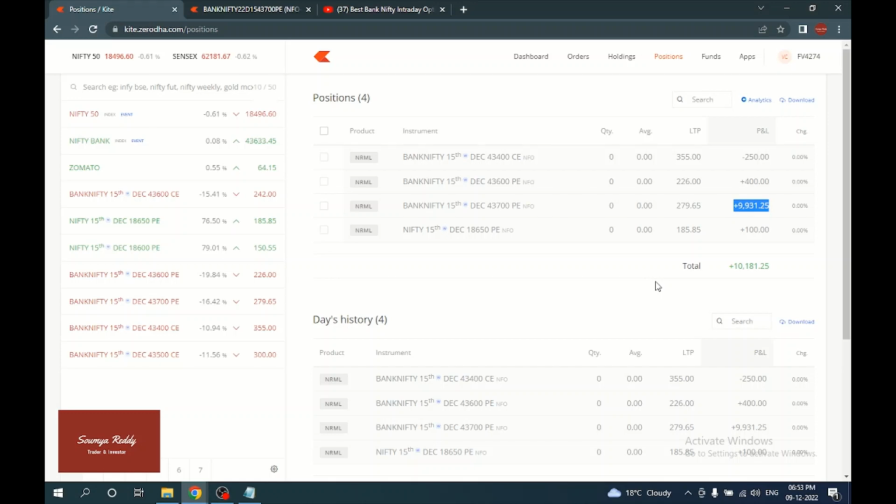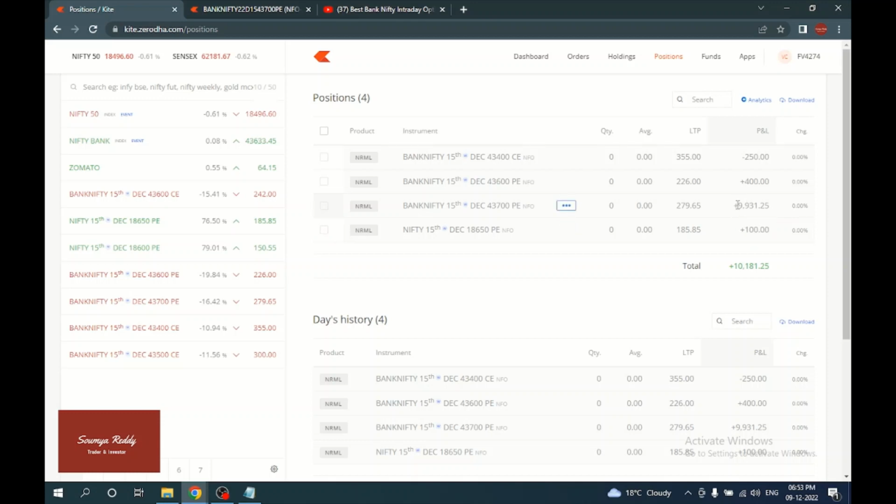Most of the time I take breakout trades. Breakout trades are very powerful unless it is a fake breakout. There are ways to identify a fake breakout, but today we'll see how a breakout trade resulted in 8% profits. Sometimes I make small scalping trades also with small quantity, just to see the punch of the market.